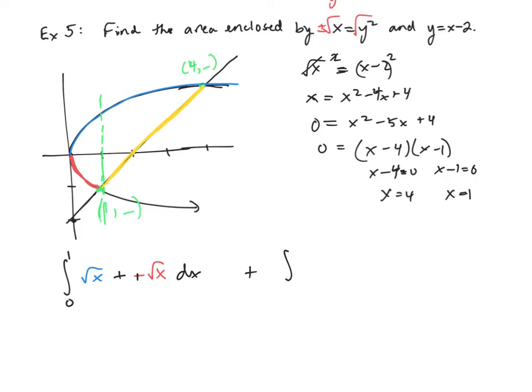And then my second, I'm just going to get my setup, and then I'll crunch the integrals out. I'm going to go from 1 to 4, and my top curve is still that radical x, minus, and then my bottom curve is my x minus 2. Be careful here. We're subtracting that entire curve, which is really my line. So I'm going to need the parentheses there.